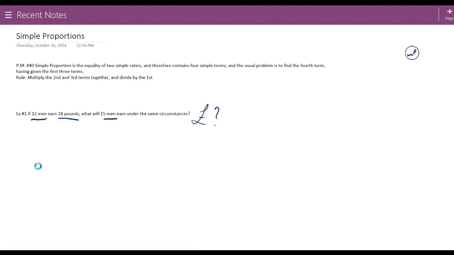So in elementary treatise from our previous lecture, we would have had 12 men and 18 pounds together. Here, we're going to have similar labels together.